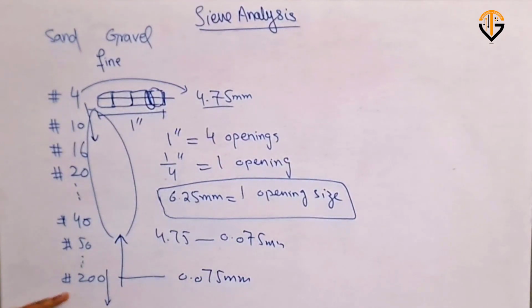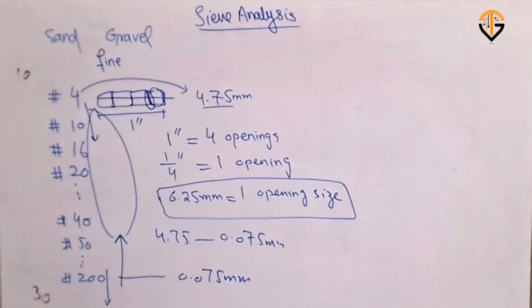If 30% of the soil passes sieve number 200, then our soil contains 30% fine content, meaning 30% has diameter less than 0.075 mm. Then if we have 10% gravels and 30% fines, we have 60% sand particles having sizes 4.75 to 0.075 mm. This is how we use sieve analysis to determine percentage sand, gravel and fine.